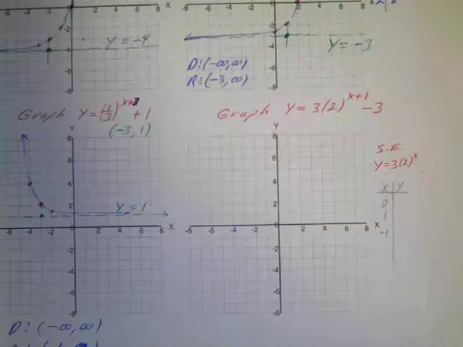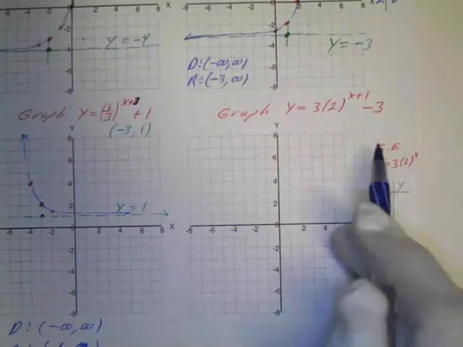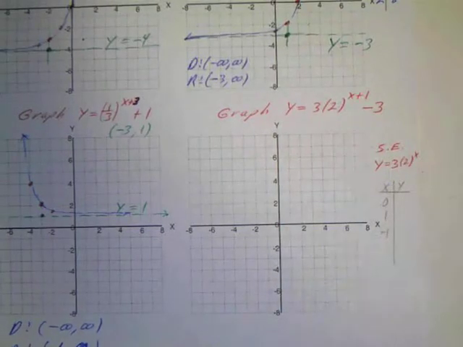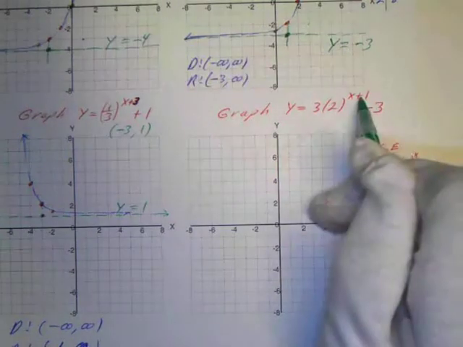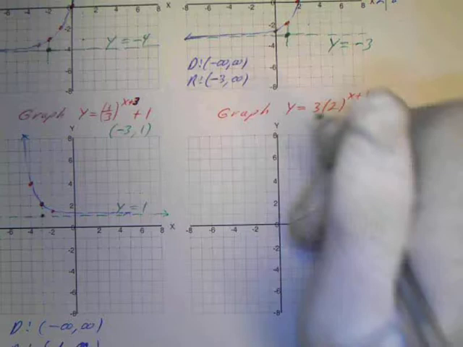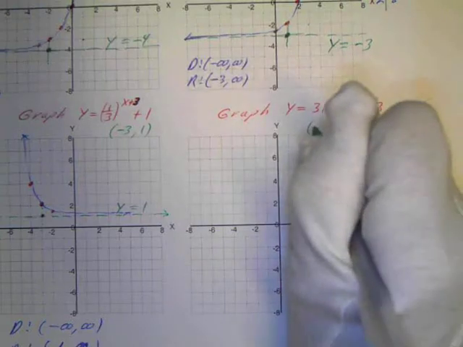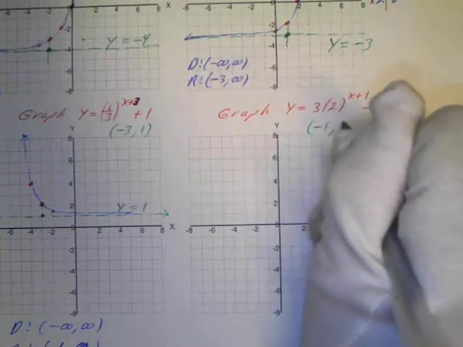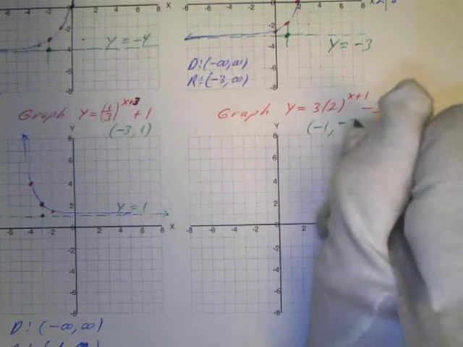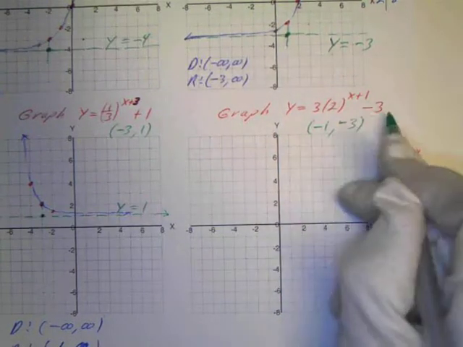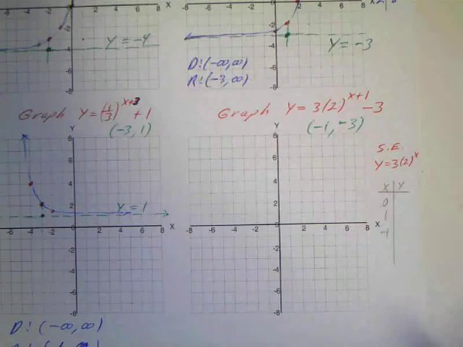So first of all, let's find our new zero. So my new zero is going to be at -1, 3. Oh, sorry, -3. Pardon me. -1, -3. Opposite sign, same sign. So that's my new zero.